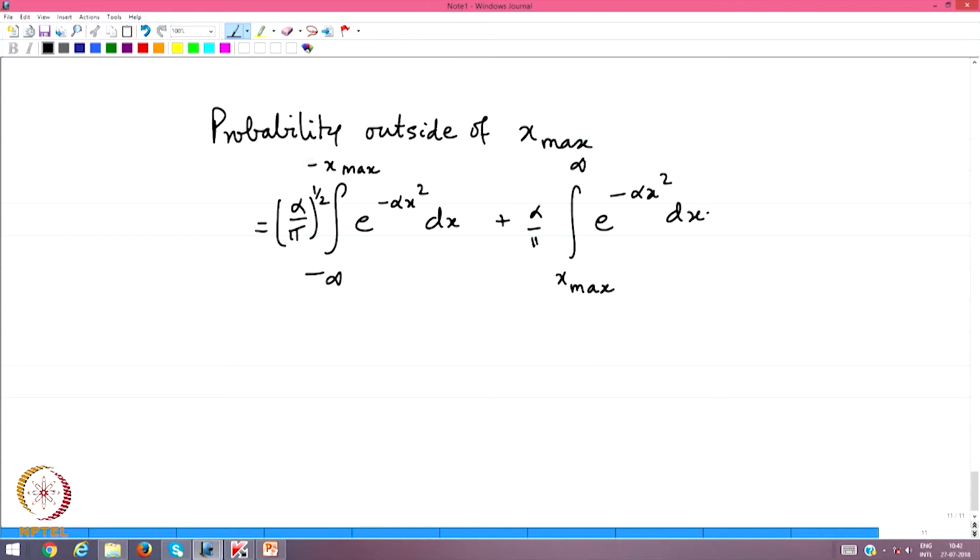This is the probability that the system is in the classically forbidden region, or outside the parabolic potential region.